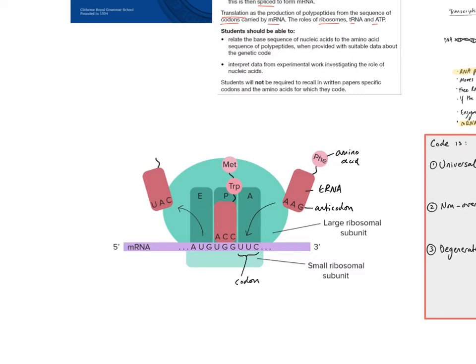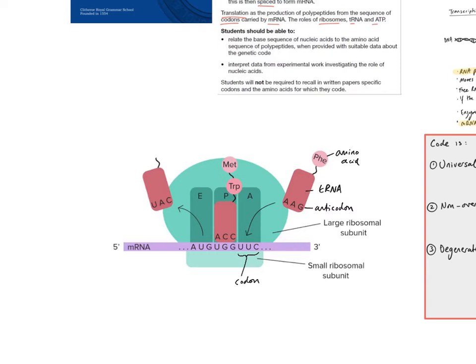So the codon is a name for 3 bases, 3 coding bases on mRNA. The 3 important bases on tRNA is called an anticodon. The 3 in DNA is just called a triplet. So use the word codon for mRNA, anticodon for tRNA. And you can see, this bond here, this is a high energy bond.